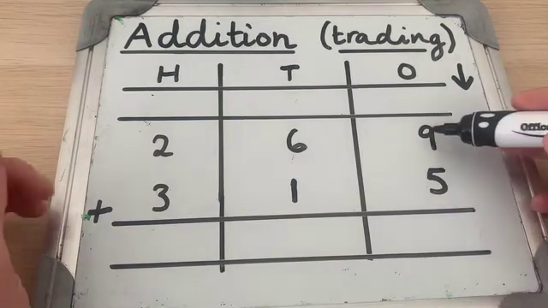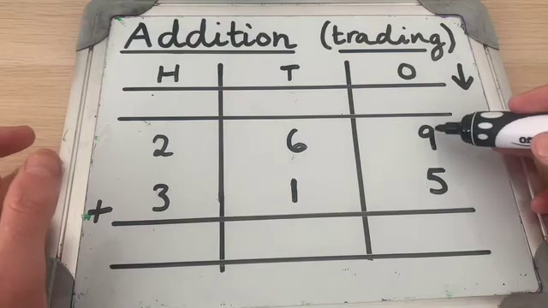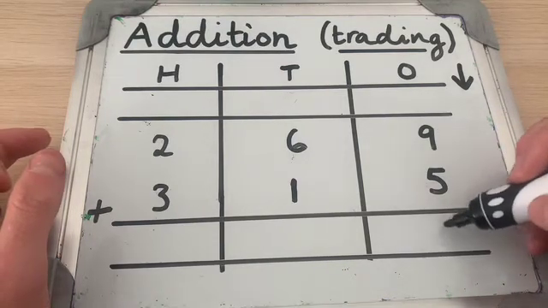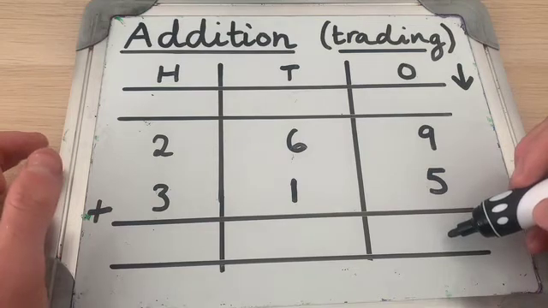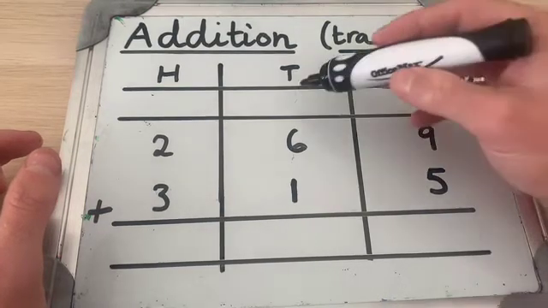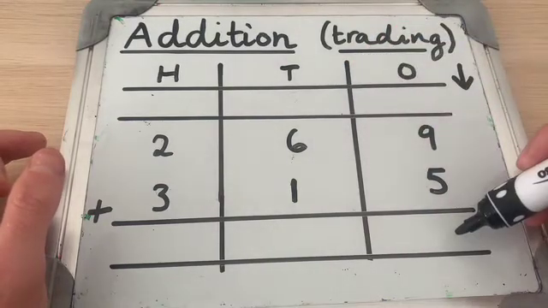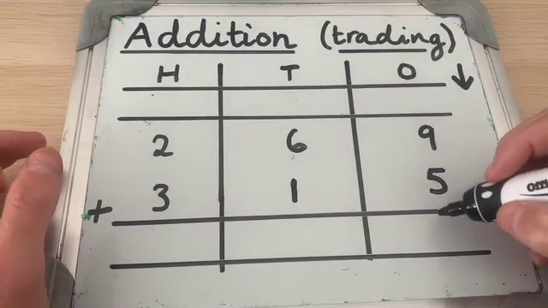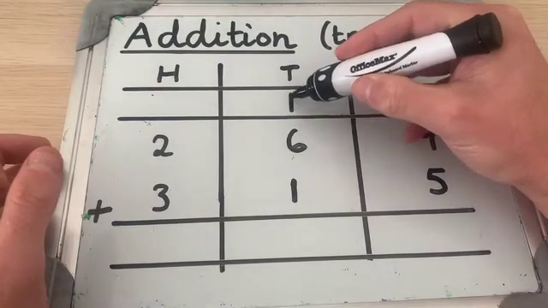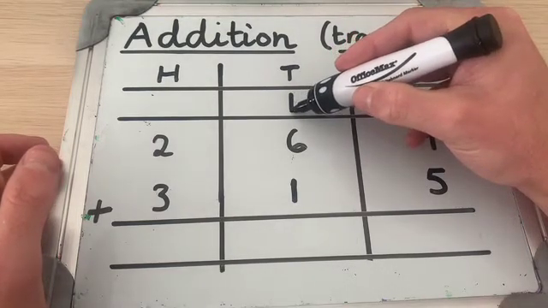So what we need to understand is that 9 and 5 making 14 means I have 14 ones. I can trade 10 of those ones for 1 10, which is what I'm going to do. So I trade 10 ones for 1 10 by putting a 1 in the tens column.